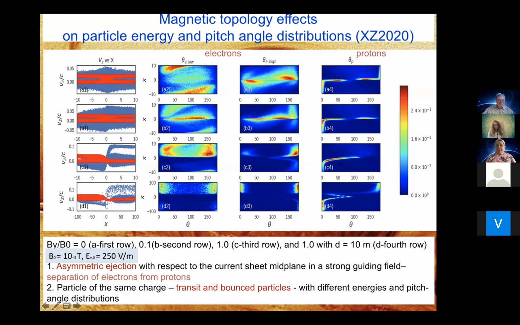This is very important because the separation imposes different pitch angle distributions on the transit and bounce particles of the same charge, which gives you a very strong indication of how to look at and analyze the data obtained from observations.